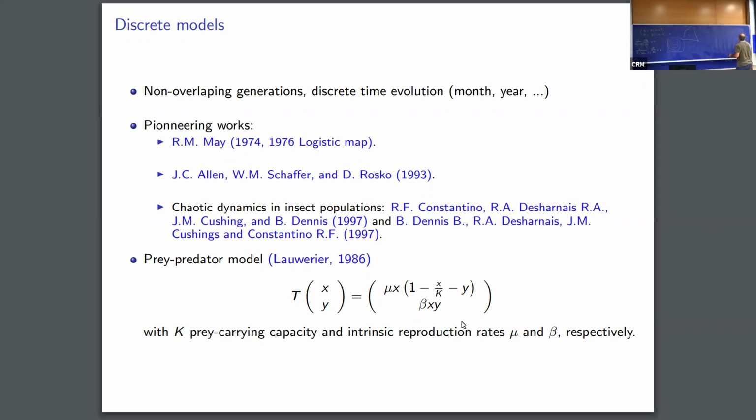which you can recognize is, in a simple way, quite similar to a possible predator-prey model in the ODE case. You have this map in x, y, and this part which is mu times x times (1 minus x over k) minus mu x y, and then beta x y.